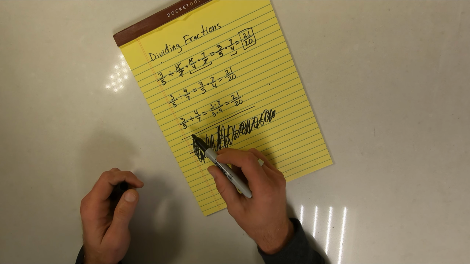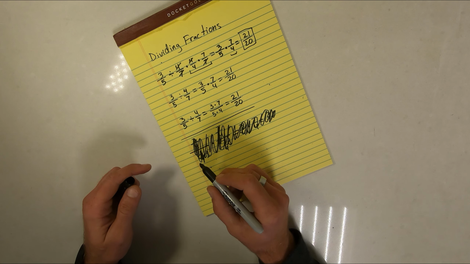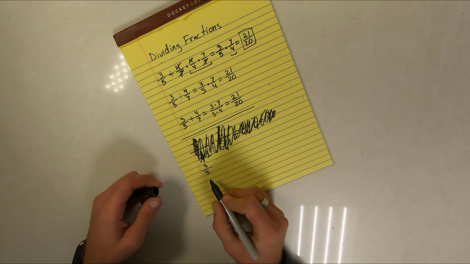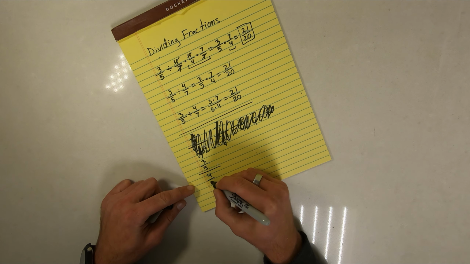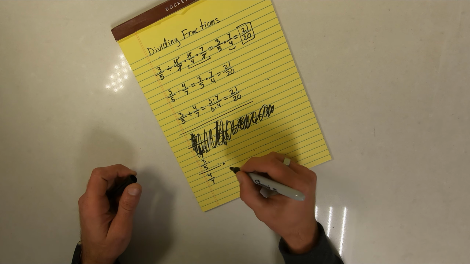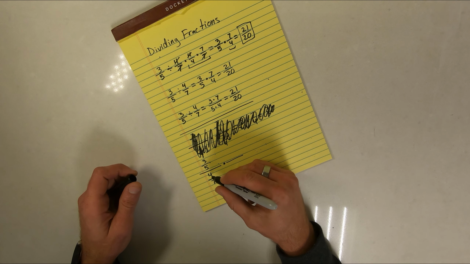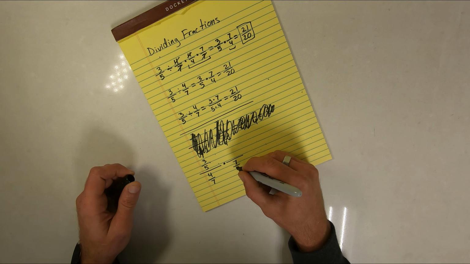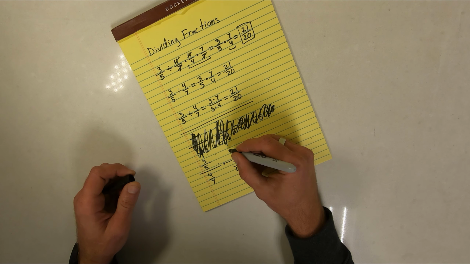You can also think of this division problem in another way, in terms of a larger fraction. Let's say we have 3/5, and instead of writing it like this, we write it as a larger fraction over 4/7. Now what we want to do is get rid of the denominator, and the way we do that is we multiply by the reciprocal. The reciprocal of 4/7 would be 7/4, and whatever we do to the bottom, we have to do to the top.